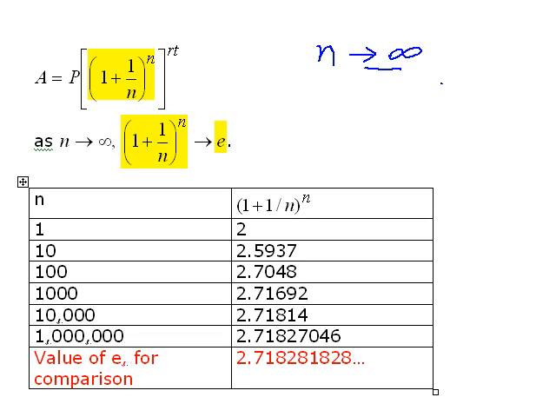Now, I'm not going to give you a proof of it, and I don't expect a proof on the homework. All I'm doing here is giving you a demonstration. The idea here is this. Euler's number is an irrational number, similar to pi. How can you calculate pi? The circumference of any circle equals 2 pi r. So I could solve for pi, and pi is the circumference divided by 2r.